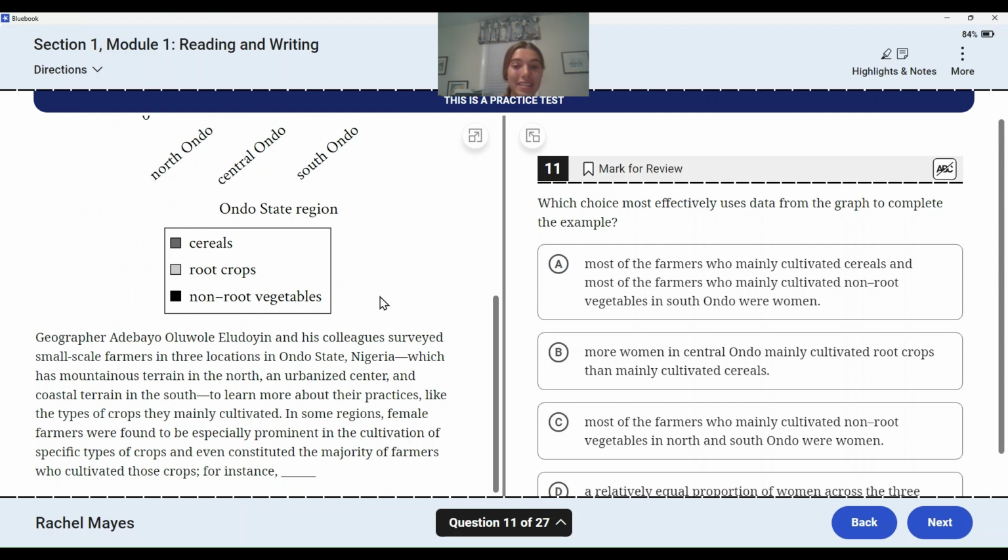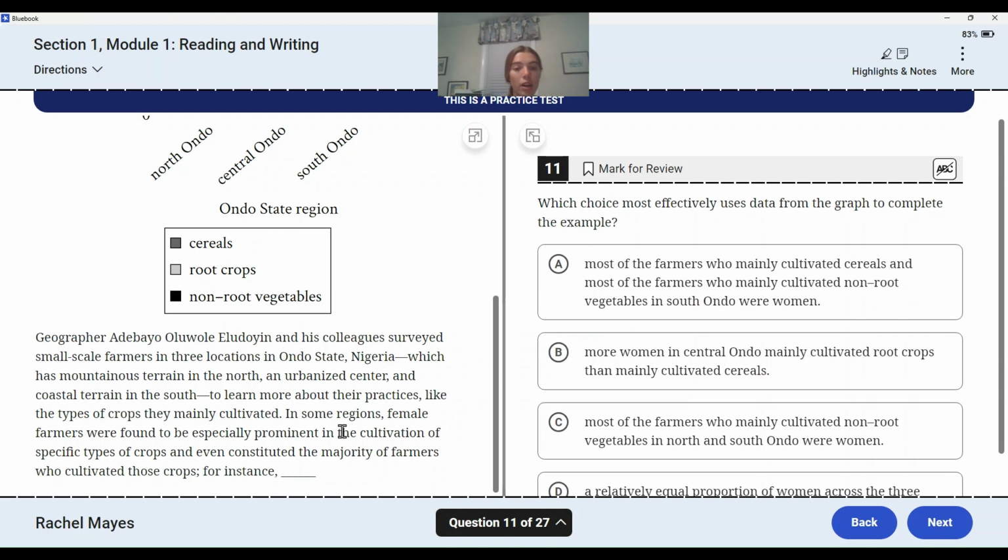And his colleagues surveyed small-scale farmers in 3 locations in Ondo State, Nigeria, which has mountainous terrain in the north, an urbanized center, and coastal terrains in the south to learn more about their practices, like the types of crops they mainly cultivated. In some regions, female farmers were found to be especially prominent in the cultivation of specific types of crops, and even constituted the majority of farmers who cultivated those crops, for instance.